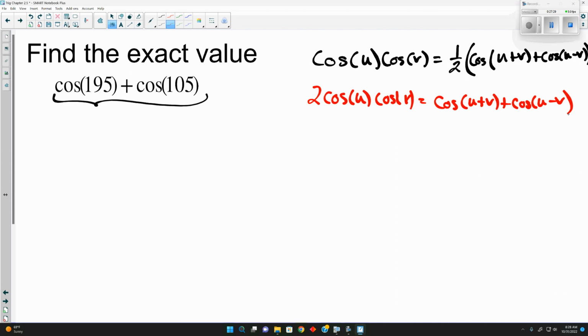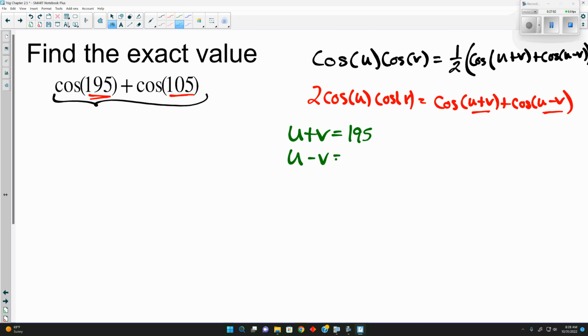Okay. Now it might seem weird how this relates, but what we're saying is that cosine of 195 is U plus V. Cosine of 105 is U minus V. So what we have is that U plus V is equal to 195.